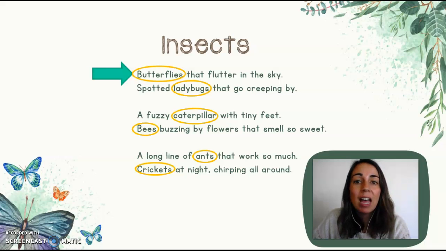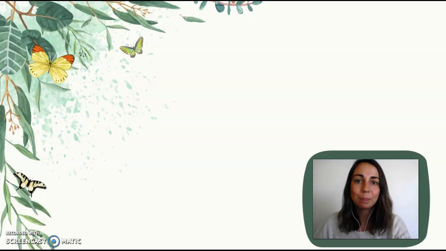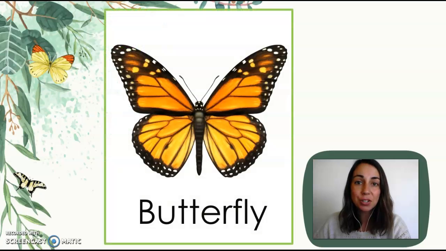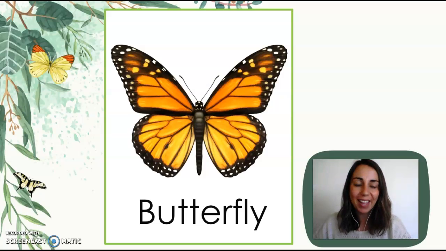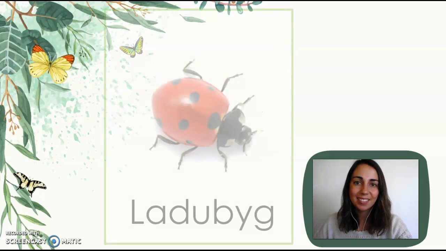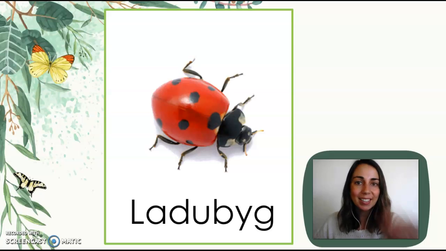Okay, so here we have our insects, and I am going to present the vocabulary words, and then I am going to count to 3 like this. 1, 2, 3, and you're going to say the word with me. Ready? Let's go. Butterfly. 1, 2, 3. Butterfly. Ladybug. 1, 2, 3.